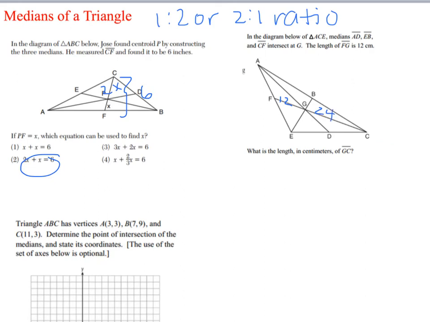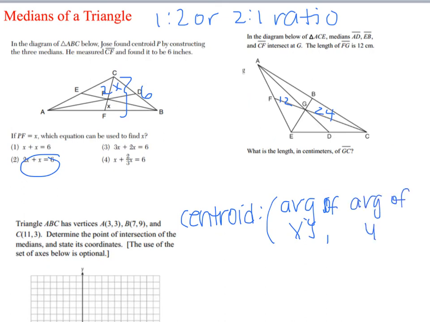On the bottom, you don't necessarily need the axes for it, but if you're trying to find the centroid, the rule is very similar to midpoint: average of the x's, average of the y's. Only difference is now that you have 3 points, rather than when you do a midpoint, you only have 2.